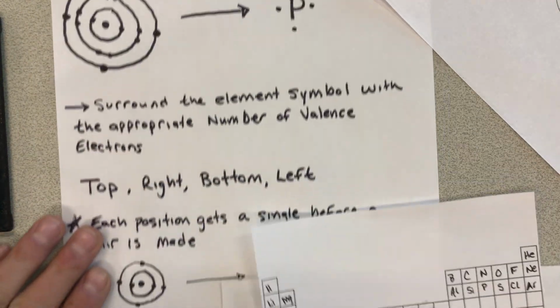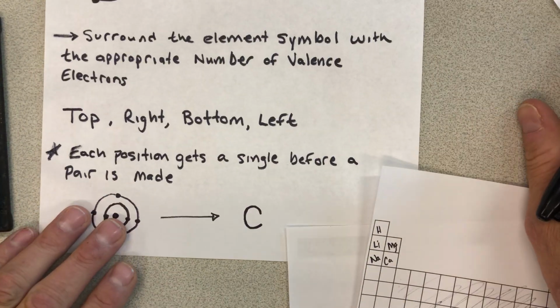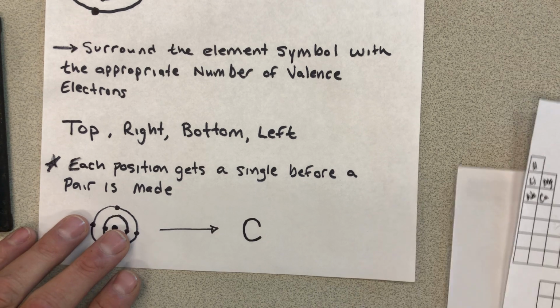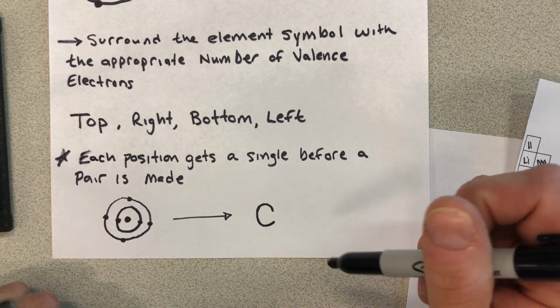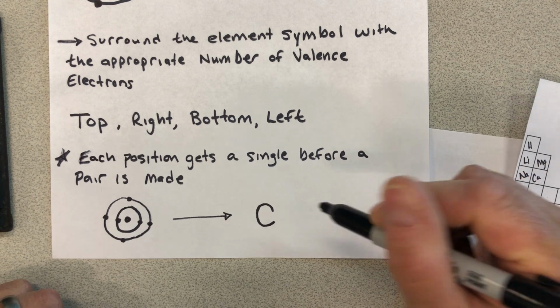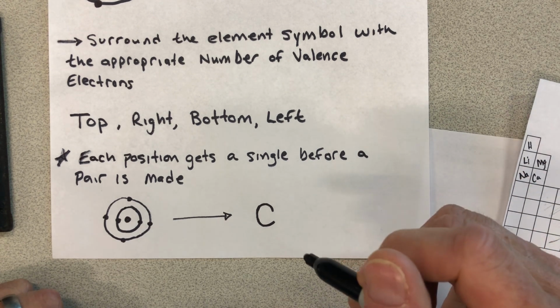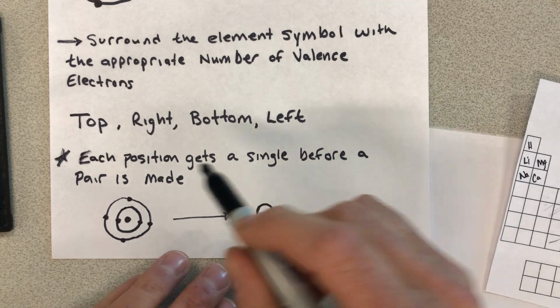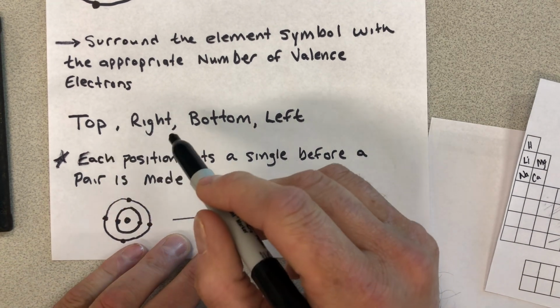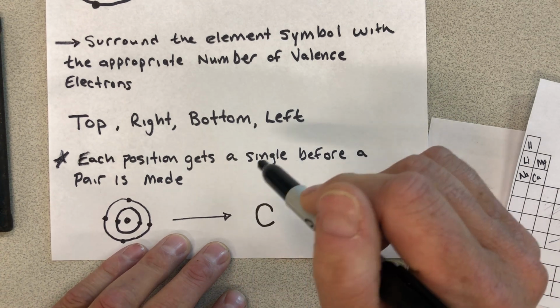Okay, so when you do a Lewis dot diagram, there's kind of a little method I want you to do. You start off with just writing the symbol, and then you take the number of valence electrons from the Bohr model and you place them around the symbol, and you do it in sort of a specific way. You start at the top, then you move to the right, the bottom, and then the left.